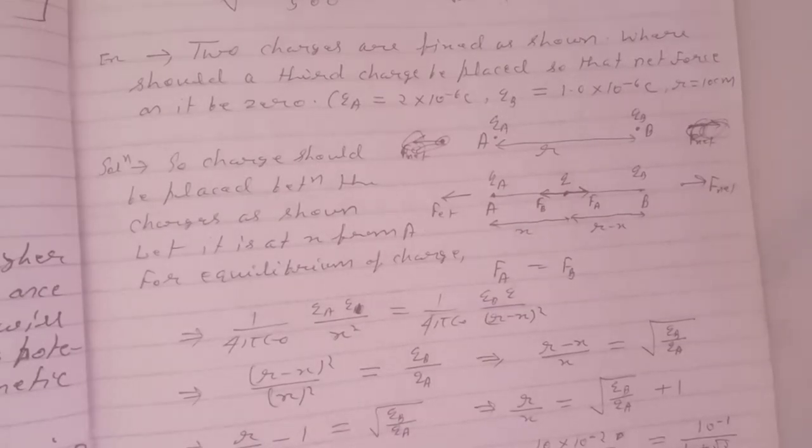So putting all the values, given r equals 10 into 10 to the power minus 2, under root QB by QA is under root 1 into 10 to the power minus 6 by 2 into 10 to the power minus 6, plus 1, or 10 to the power minus 1 divided by 1 plus root 2 by root 2, or root 2 into 10 to the power minus 1 by 1 plus root 2.